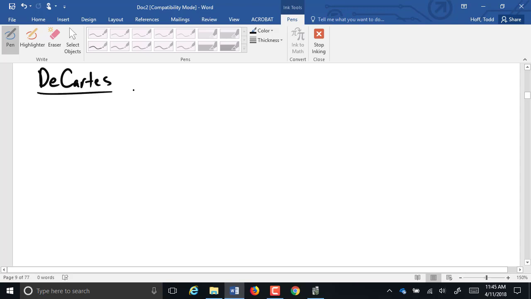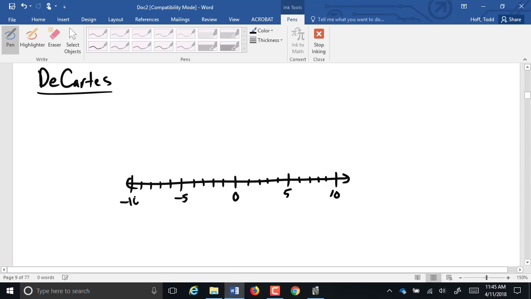Descartes' solution was to take, starting out with a single number line, as we've always had, positives going to the right as always, negatives going to the left, and embed it with a second number line going through the 0, the origin of the first number line, but going vertically, perpendicular direction, like that.